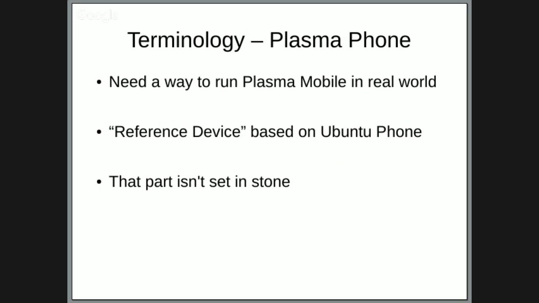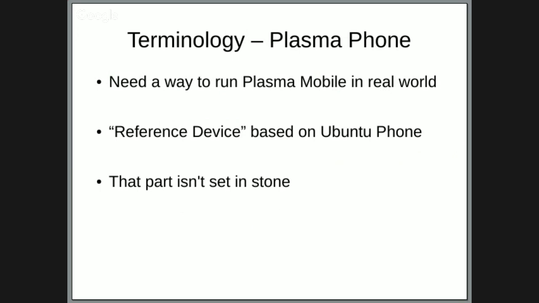So we need to run our Plasma Mobile in the real world on a real device, so we created a Plasma phone as a way of doing that. We took the Ubuntu phone, which is an Android base layer with lots of Ubuntu middleware stacks, and replaced Unity with our part in order to test and develop Plasma Mobile. But using Ubuntu as a base isn't set in stone. We're not trying to develop the phone here, we're trying to develop Plasma Mobile right now.